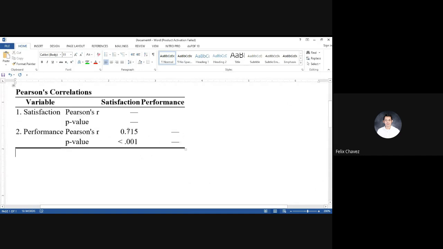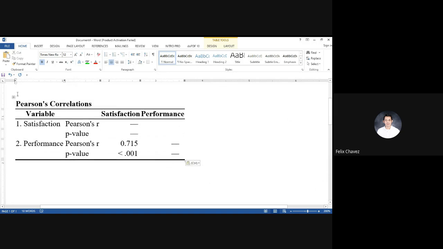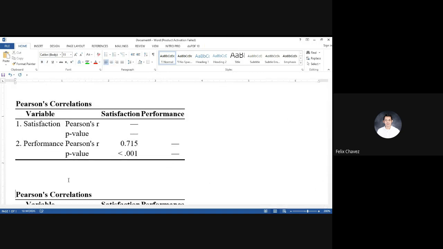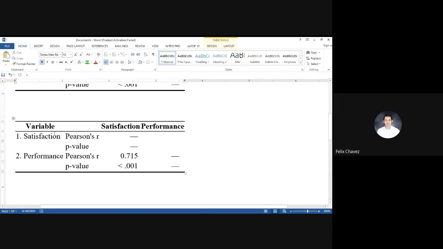Satisfaction and performance. Okay. So, what you're going to do, you can revise the table para mas madali maintindihan. I will remove this one.